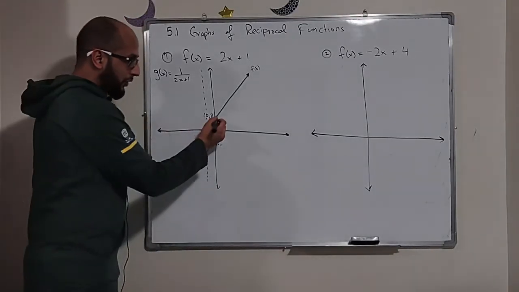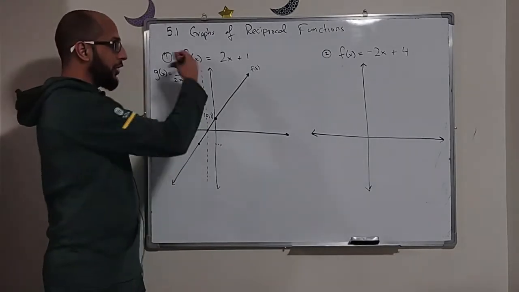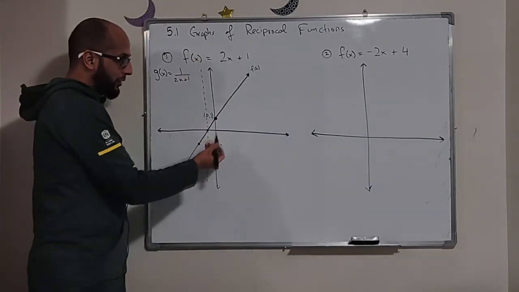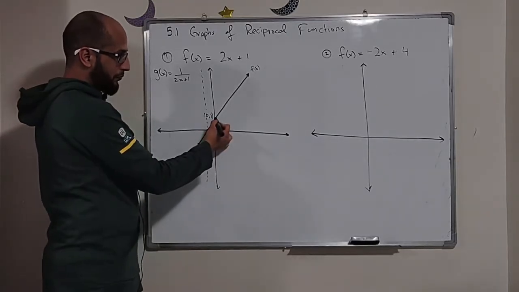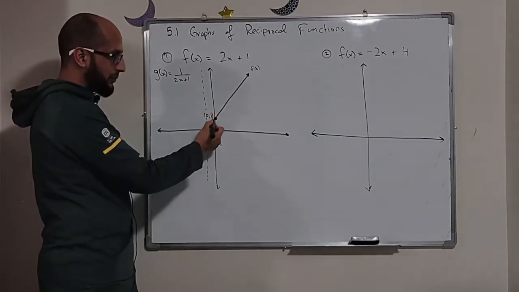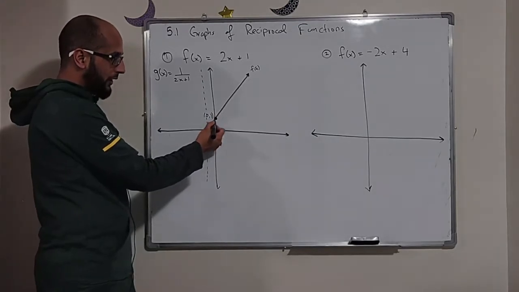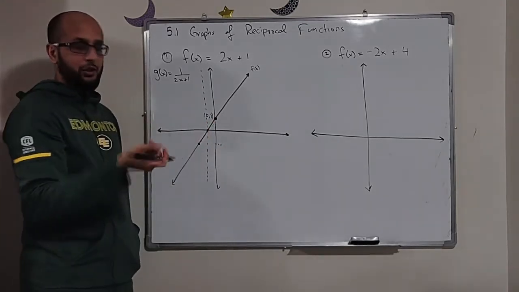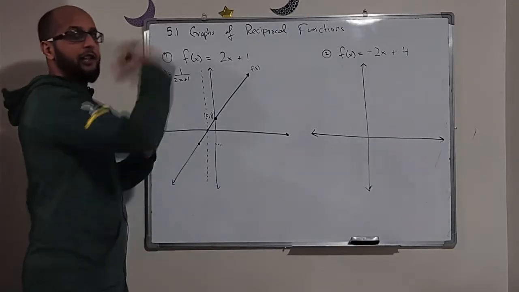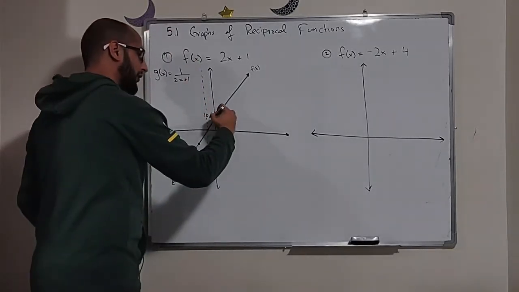So on my reciprocal function, I will have to go here. To figure out the rest of the graph though, you look at what the trend is. Between the y equals 1 value and the x-intercept or the asymptote, all of these y values will be decimals. If you take the reciprocal of decimals between 0 and 1, they will get larger and larger. Therefore, my graph will go up.